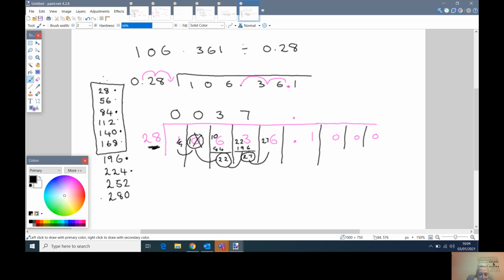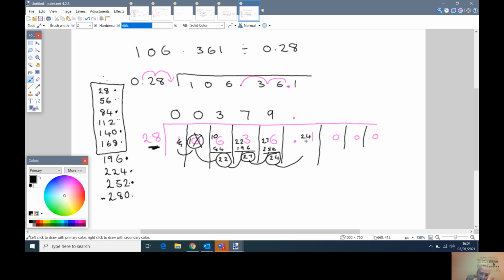Now let me just check, is that number 10? 1, 2, 3, 4, 5, 6, 7, 8, 9, 10. Yes, right. So it's this one I need, which is 9. And that's 252, which is going to leave me 24. Where does that 24 go? Wicked, there.